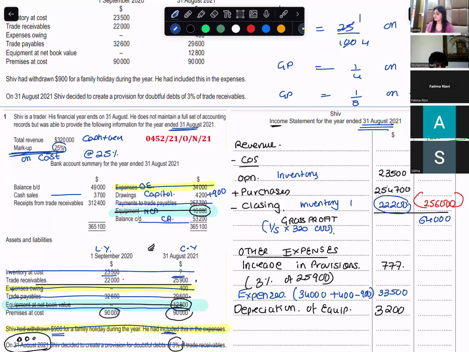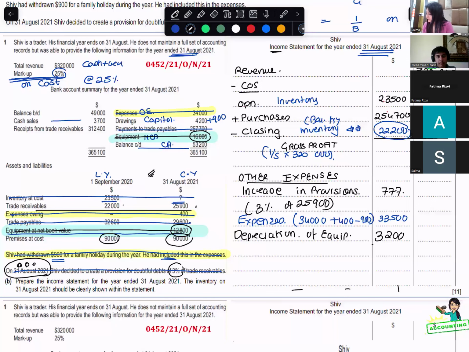Are you with me? This you found as your balancing figure. Just check out. I'm waiting for you. Give me the total of expenses. How much is the total of expenses? 37,477.